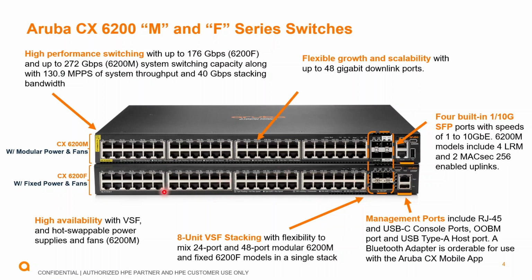The fixed format switches include built-in power supplies. The modular switches have rear slots for hot swappable power supplies that allow us to customize the POE requirements, and its fans are field replaceable. This provides redundancy for high reliability in the event of power line or supply failures.